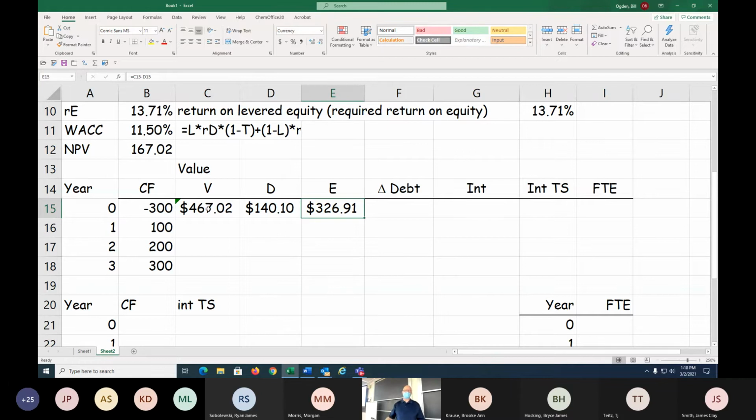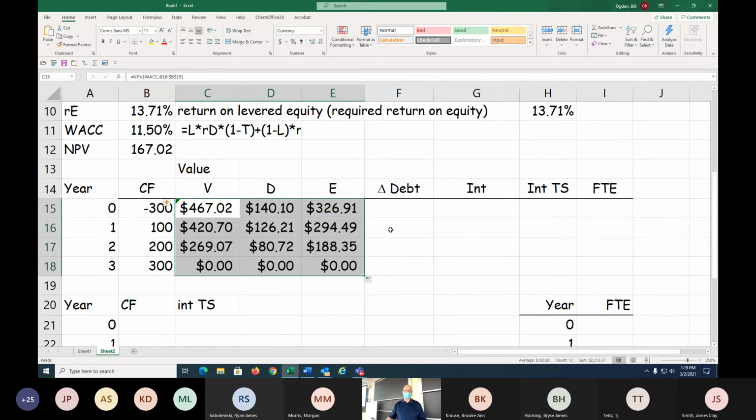Now, with a little bit of luck, I hope we get through this. If I follow my own instructions, I can click on the lower right-hand corner of this range and just double click it. It should fill in the next 3 years, all 3 years. Look good?